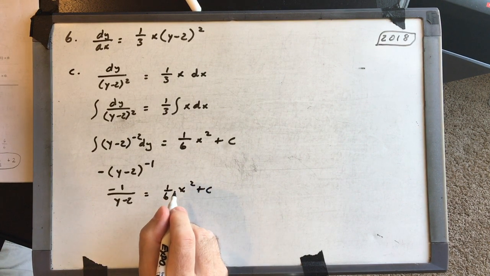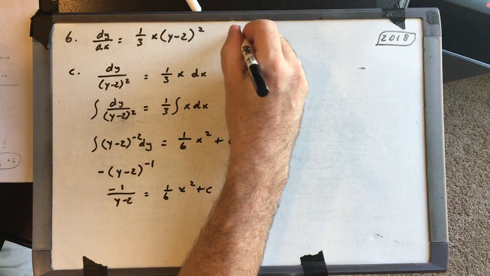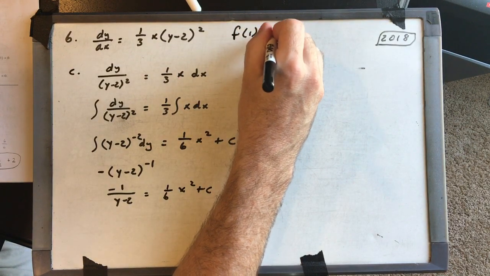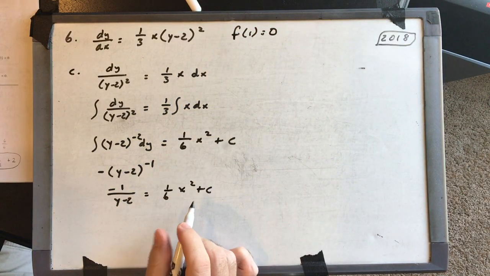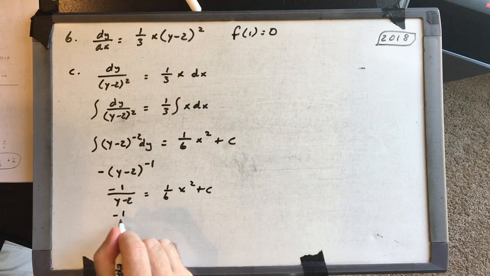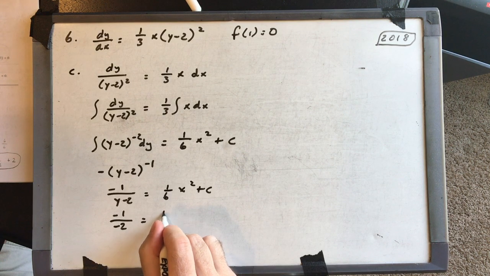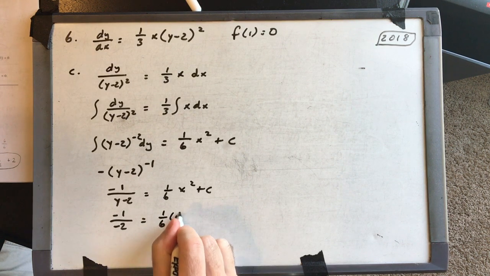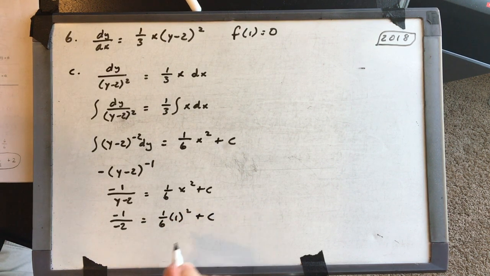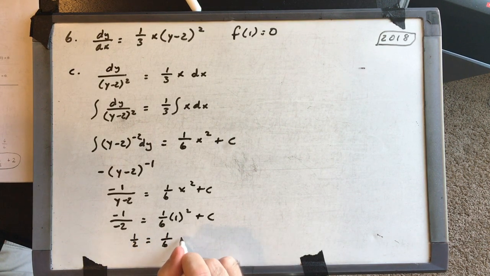All right, our initial condition was f of 1 is equal to 0. So now we can plug in 0 for y, so that's going to be negative 1 over negative 2 is equal to 1/6 times 1 squared plus c. So that's 1/2 is equal to 1/6 plus c. All right, so that'd be 3/6.